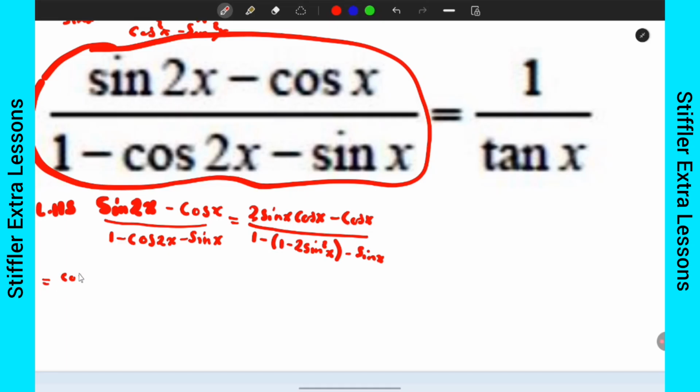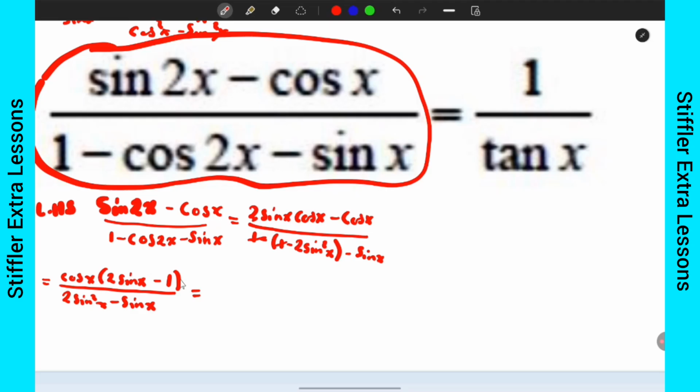So this will be cos x, and then 2 sine x minus 1. If you factor out cos x, you are left with 1 there. And then here, 1 subtracting 1 gives us 0, and the negative multiplied by this negative will be positive. So we'll be left with 2 sine squared x minus sine x.